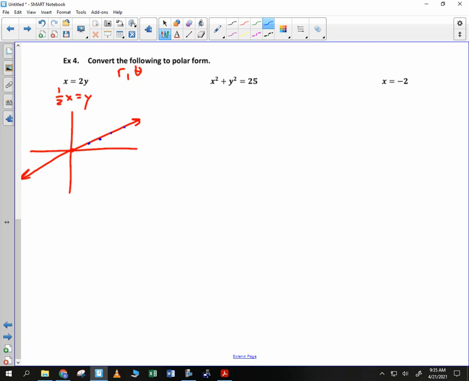Yes. How about here? Yes. How about here? Is the angle different? Isn't that always just the same angle? So r changes, theta doesn't.